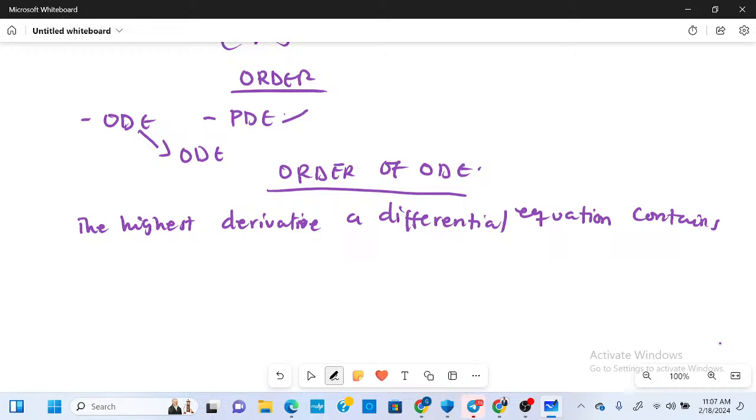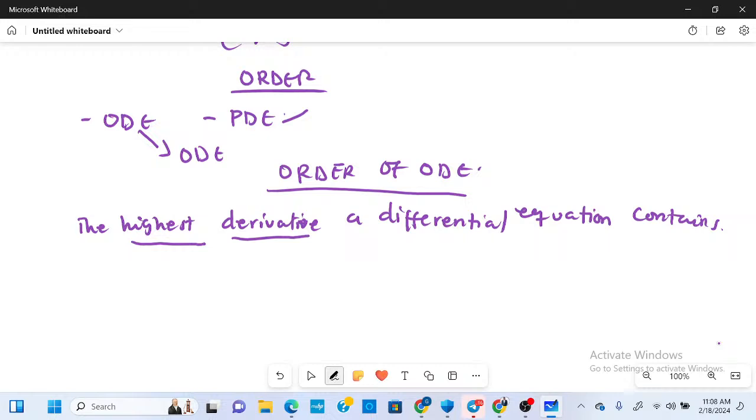So the definition for the order of an ODE is simply the highest, that's the key word here, derivative of a differential equation. When you have a differential equation containing derivatives of a function, then the highest derivative within that particular differential equation becomes the order of the differential equation.